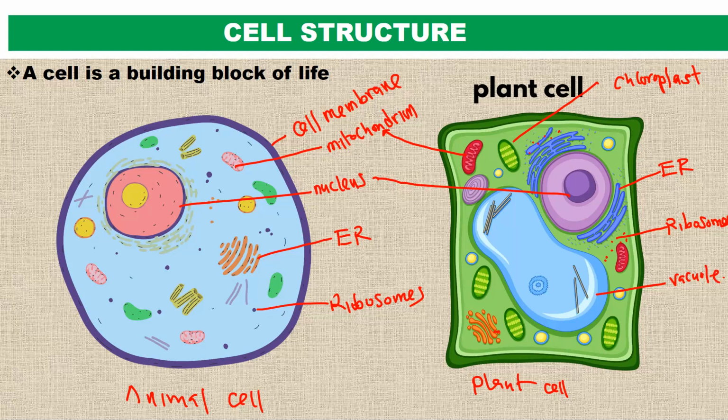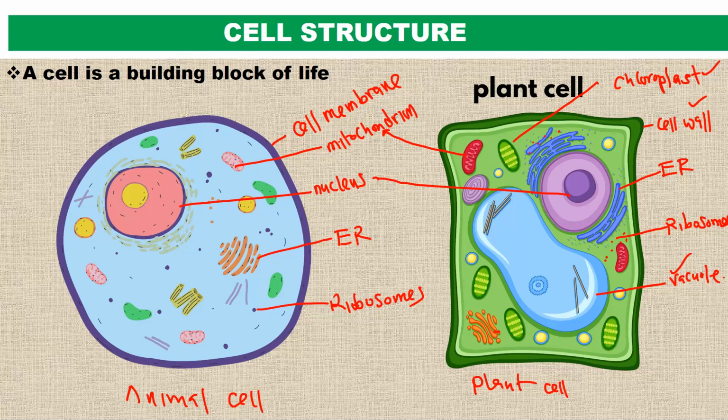Now, the chloroplast, the vacuole, and the outer part of the plant cell, which is known as the cell wall, are normally found just in the plant cell.